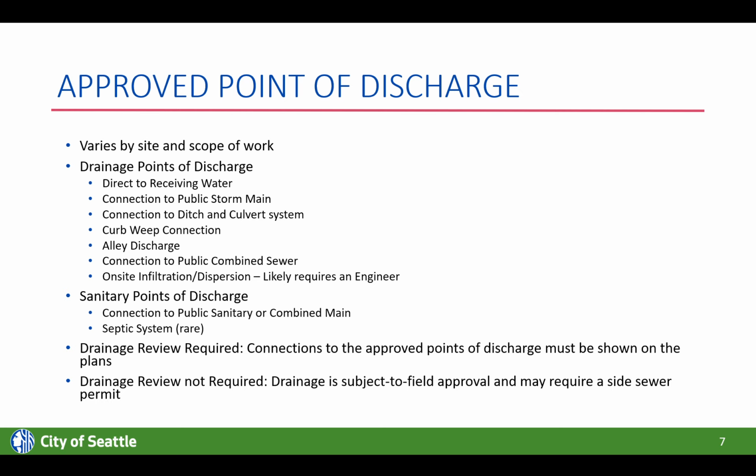May require a side sewer permit if you're making a connection, and you will receive the information of where those approved points of discharge are going to be, either from your site inspector in the field or during the review process from a drainage reviewer. And if you ever have any questions, again, we encourage you to reach out to us directly for each one of your projects.